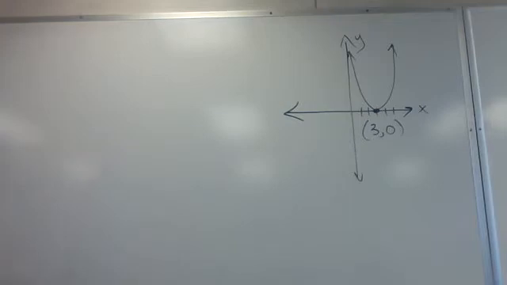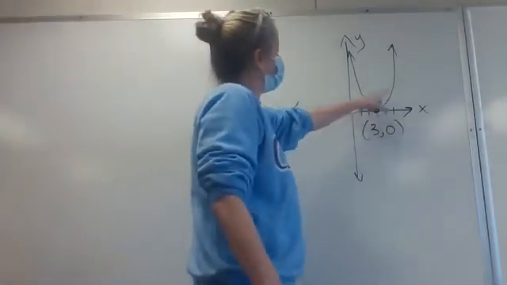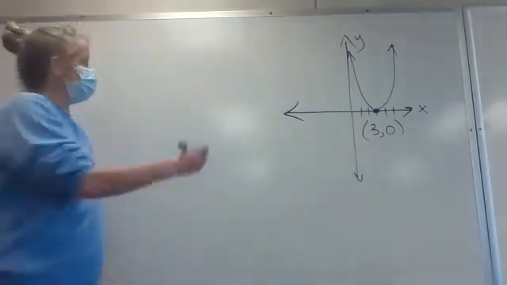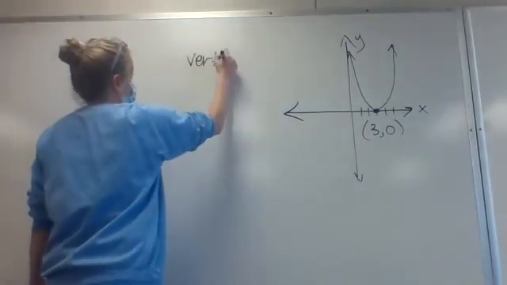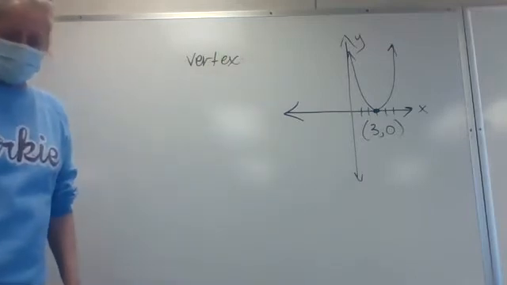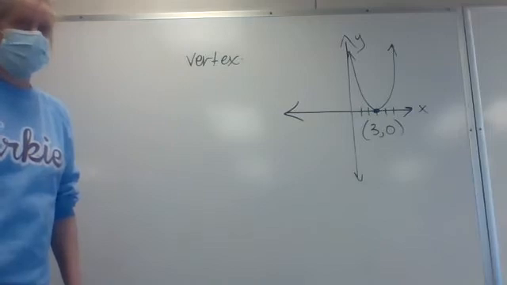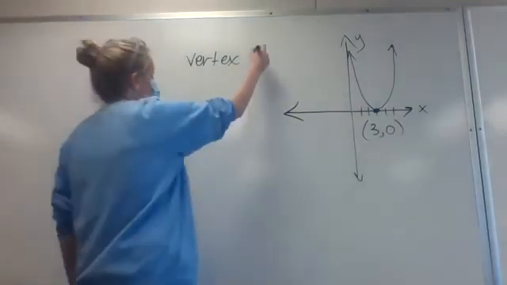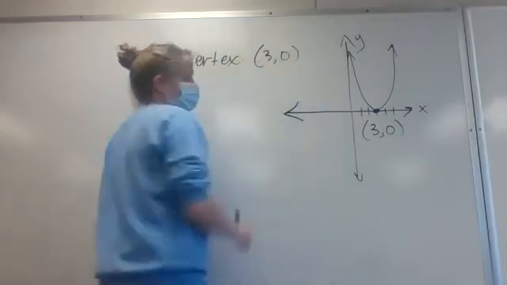On this one, it actually gives me what the vertex is. And that's going to be what the first question is, where is the vertex of this parabola? And it's an ordered pair, right? Because it's a point, and it actually tells me what the ordered pair is. It is 3, 0.